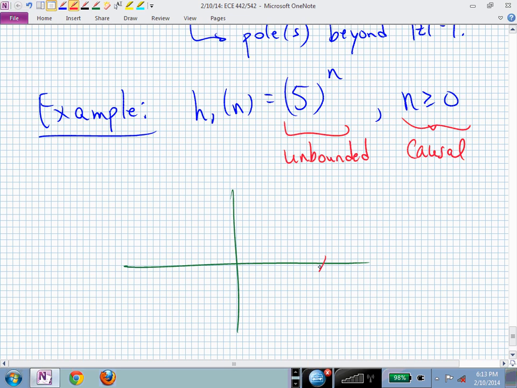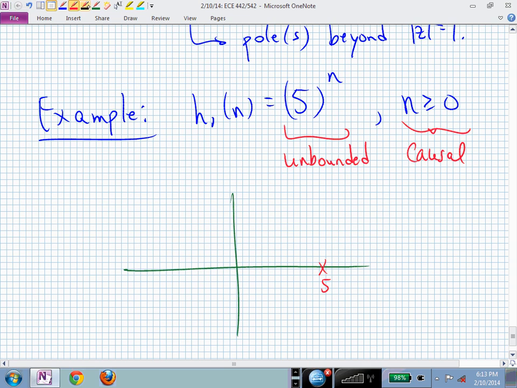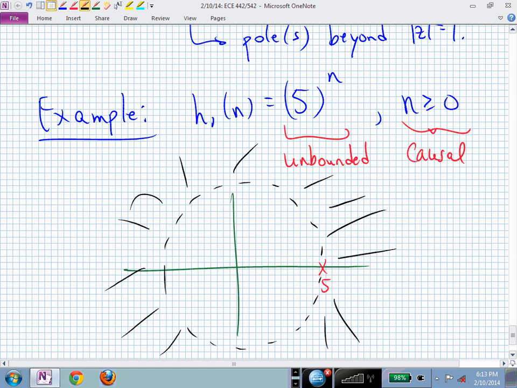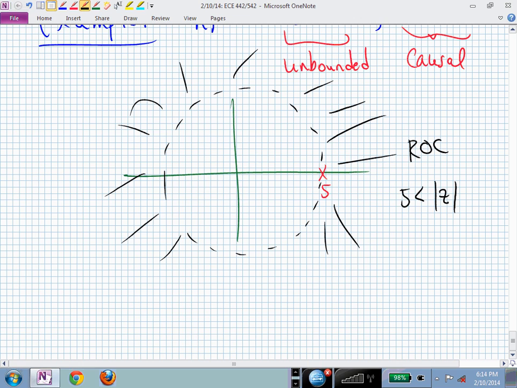I have a pole at 5 corresponding to that mode 5. And my region of convergence is exterior to that pole, in order for the z-transform to converge or to give me a valid result.